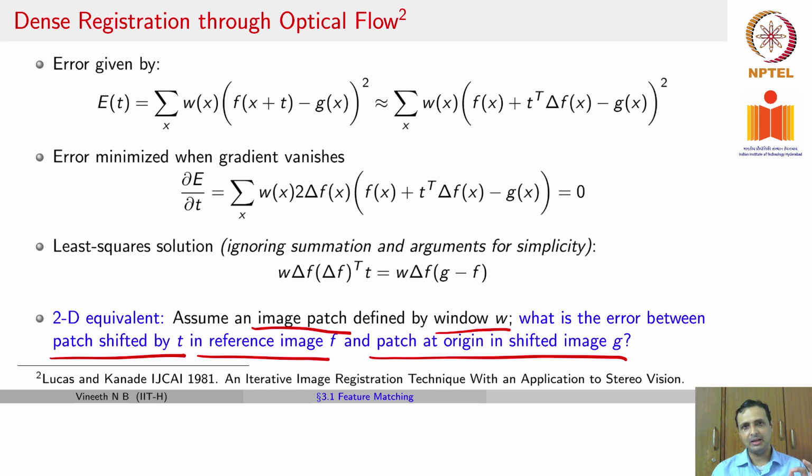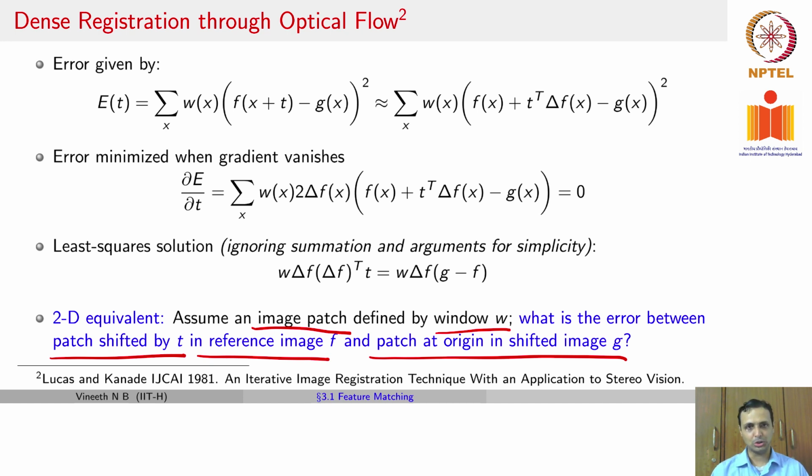We want to find that T that minimizes this change, because that would give you the displacement between F and G. Now by solving for this, you can get the value of T, find the displacement, and now be able to match or align these two images.